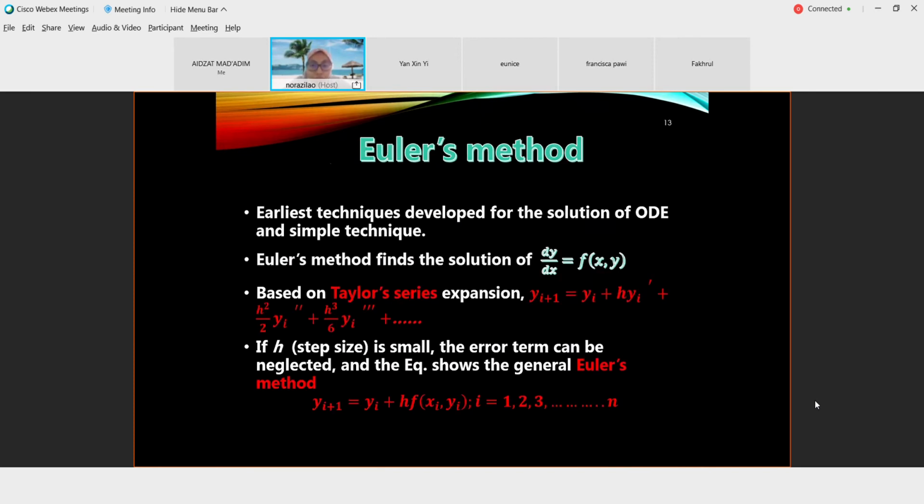First, have a look at the Euler method. The Euler method is the earliest technique developed for solving the ODE, and a simple technique. In general, we know that the ODE is dy over dx equal to a function of x and y. Based on the Taylor series expansion, y i plus 1 is equal to y i plus h y i prime plus h to the power of 2 over 2 and so on.